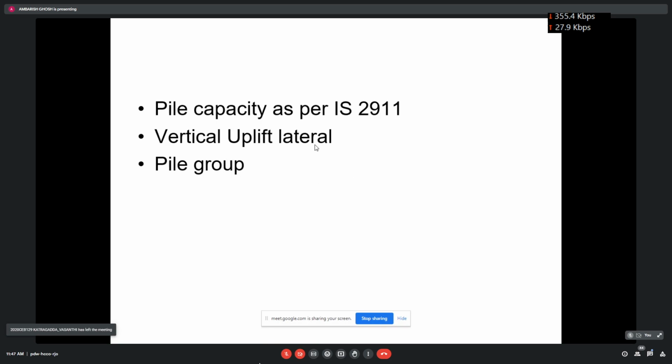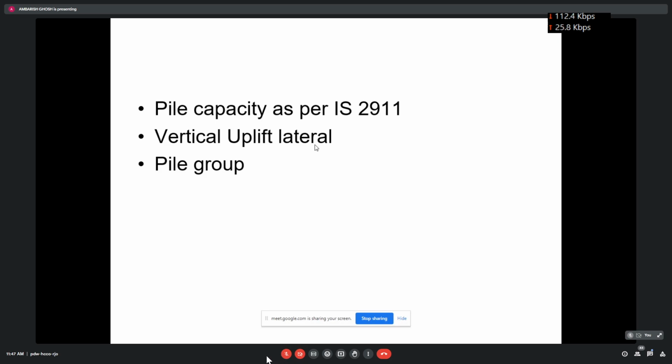Now, another thing: the loads that will be coming to the pile will be vertical load and horizontal loads. Vertical will be tension as well as compression, and lateral loads. Now, can you tell me some of the projects where lateral load and uplift will be predominant? You can see the intake structure.